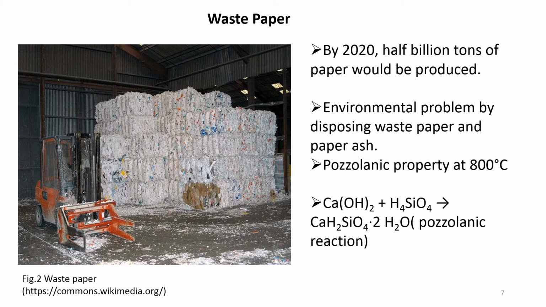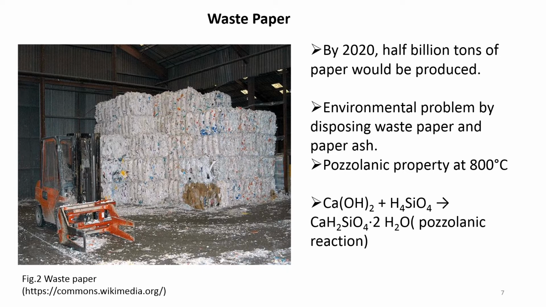Waste paper is another kind of waste, and it was estimated that by 2020, half a billion tons of paper would be produced. An environmental problem was created by disposing of this waste in landfills.